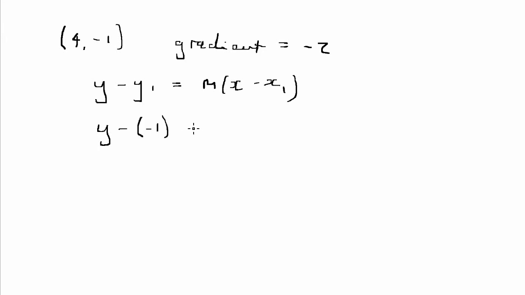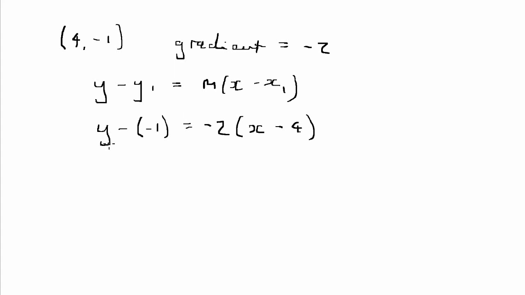I think it makes it much clearer if you write that in a bracket, otherwise it will look very odd to have y minus minus 1 all in one long line. On this side we've got a gradient of negative 2 into x subtract the x coordinate, which is 4.